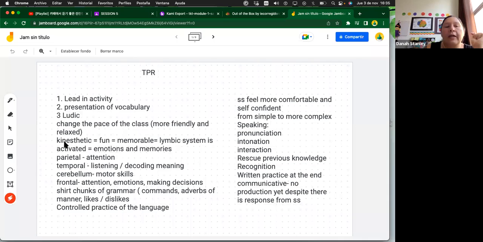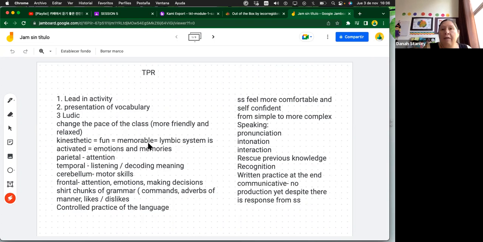Because this is kinesthetic, it's fun, and it's more memorable. They are moving, they are playing, they are having fun, and because it is fun, they are going to remember what you are teaching easily.